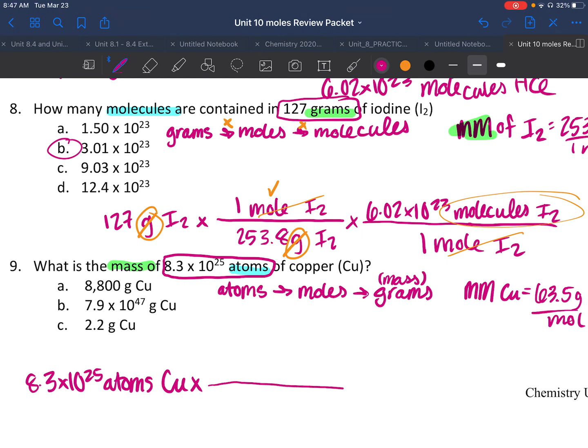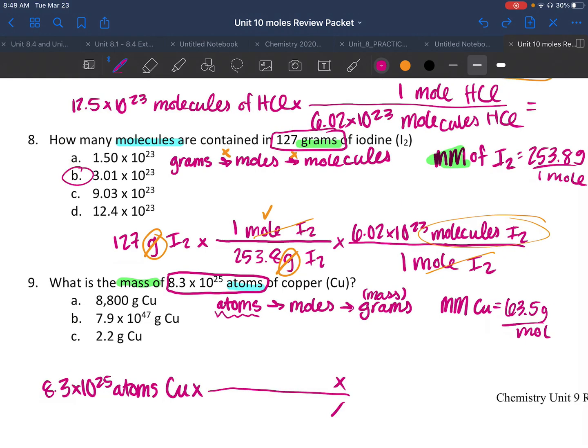Now, our first conversion here is going from atoms to moles. So does Avogadro's number or molar mass deal with atoms? Hopefully you said Avogadro's number. So atoms is our representative particle for this problem, meaning whatever the representative particle gets the 6.02 times 10 to the 23rd. Sorry, my pencil died.